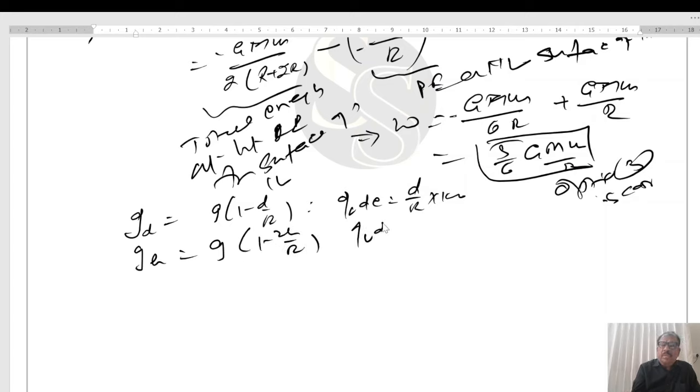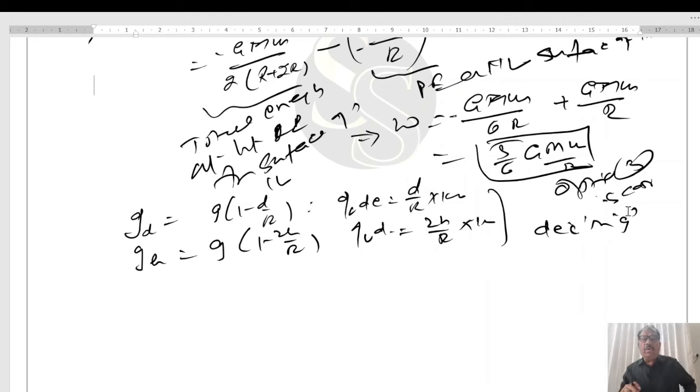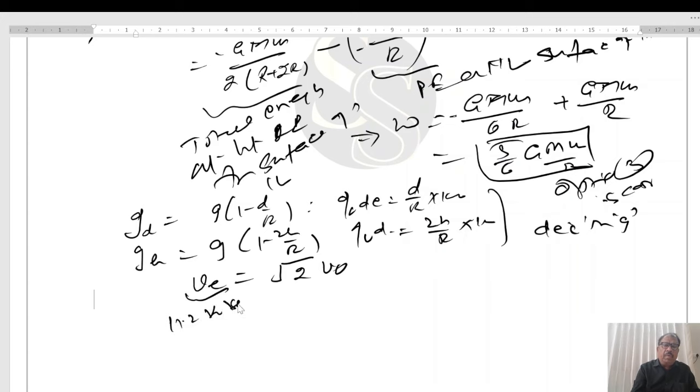That is percentage decrease, 2h upon R into 100. Both this is decrease in g, whether you go in altitude or go in depth, right? Next, V escape equal to root 2 V naught. Escape velocity is 11.2 kilometer per second. This is 7.9 kilometer per second, right? These are the additional information.